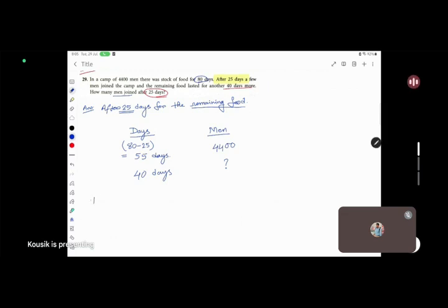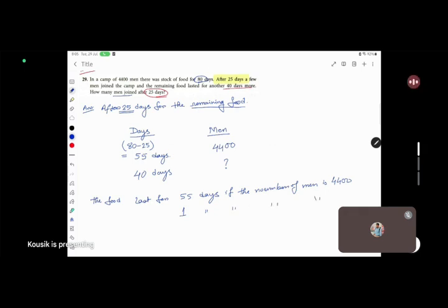So the food lasts for 55 days if the number of men is 4400. You may write shorter. The sentence is not so important. Just maintain the side. 55 days the food lasts for 4400 men. So 1 day.